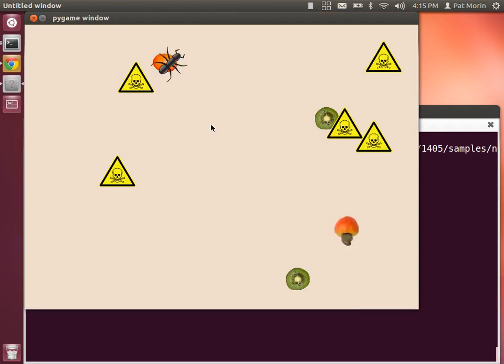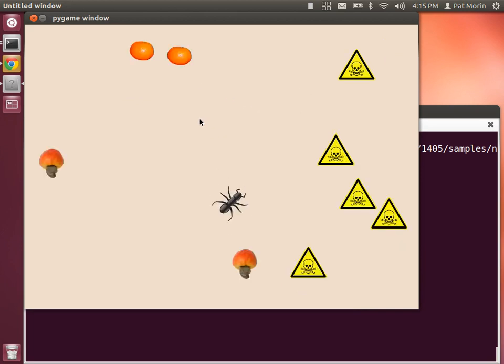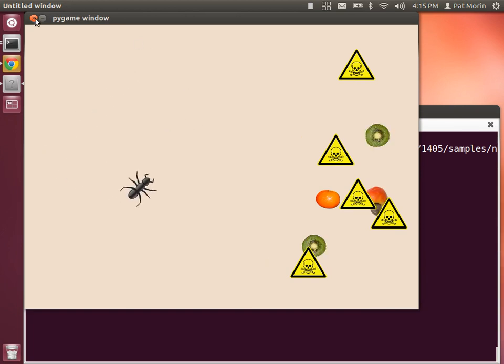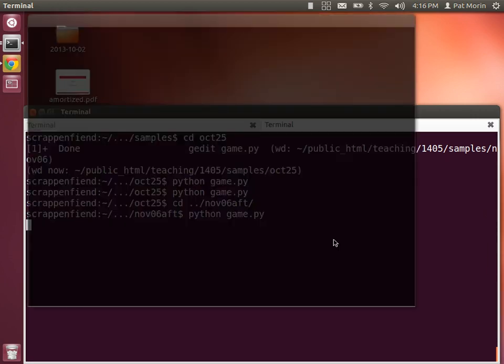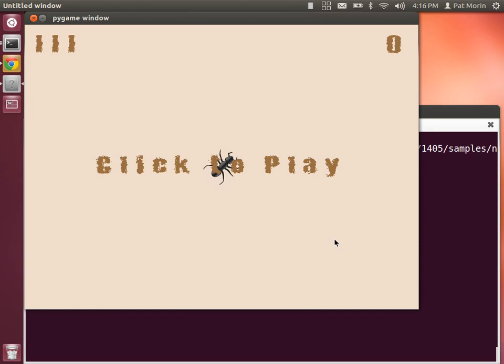The thing just takes off. And there's no increasing difficulty, no score that we can see or anything like that. So I spent an hour or so this morning polishing this, to add some of the missing features.